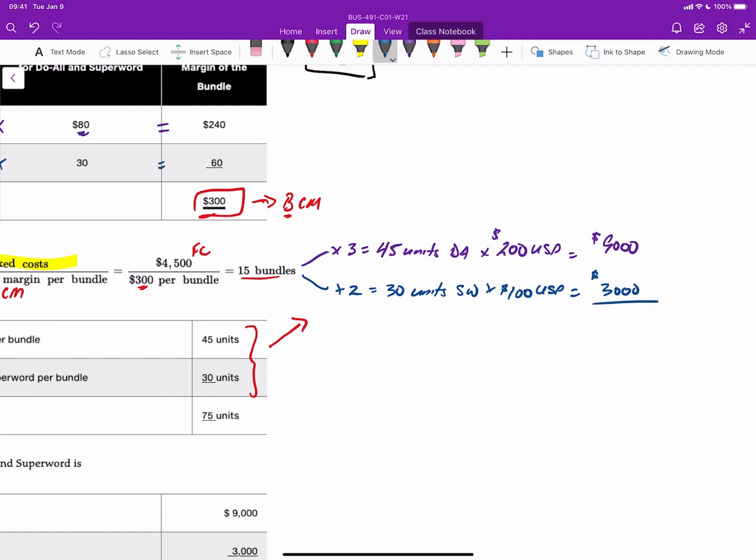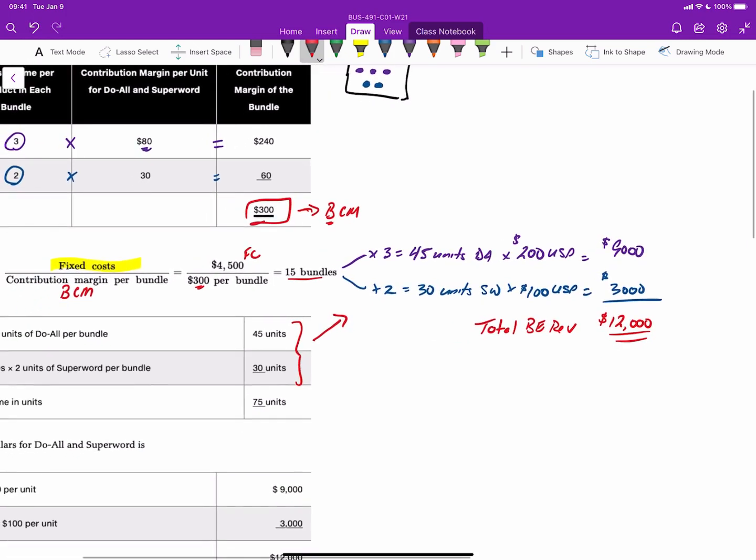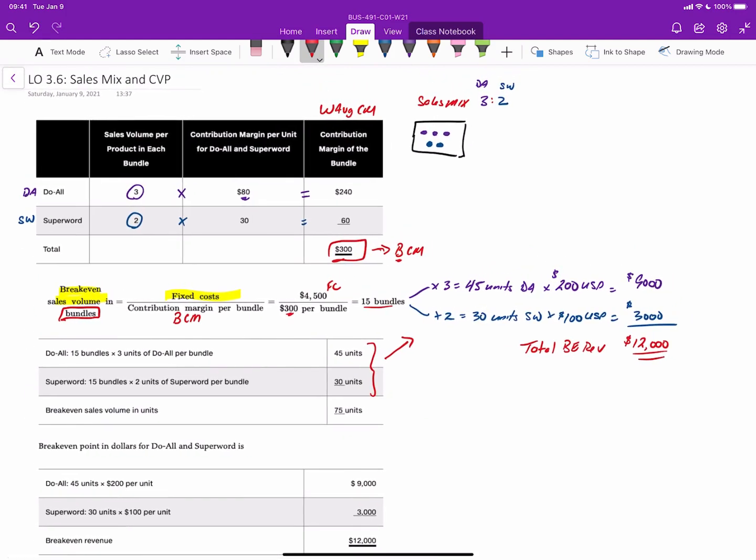That'll give us a total of $12,000 in total break-even revenue that consists of $9,000 of Do All and $3,000 of Superword based on 45 and 30 units respectively. So that's the foundation for adapting the basic CVP fundamentals of a single product to a multi-product scenario.